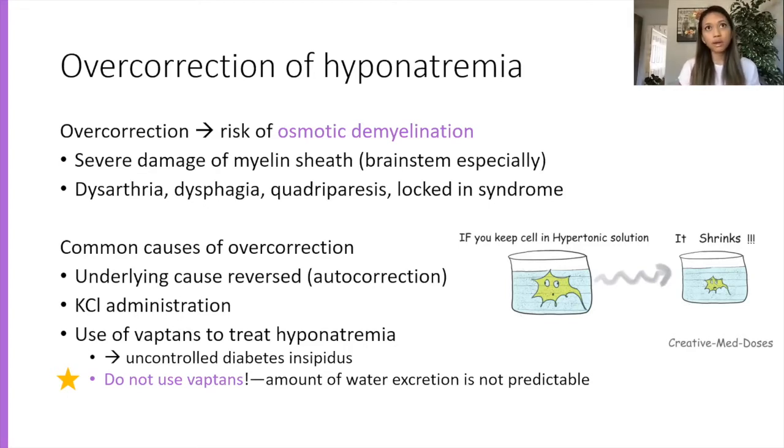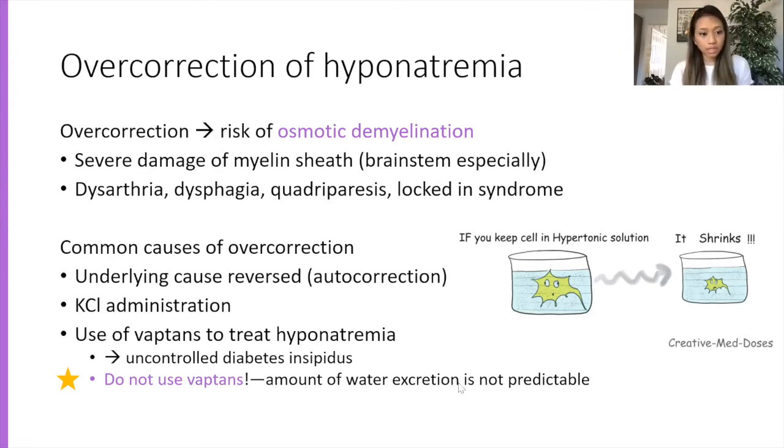So if they also have a concomitant hypokalemia, which I'll also go over later, if you give them KCl, you have to understand that this is actually kind of equal to giving them sodium. So if you give them KCl, potassium goes into the cell. But if we recall the ATPase, it will pump 2 potassium into the cell, but it pumps 3 sodium out. So this will also cause an overcorrection of hyponatremia.